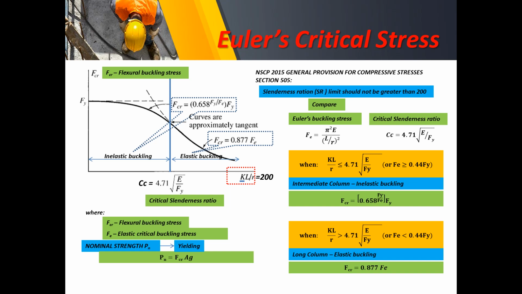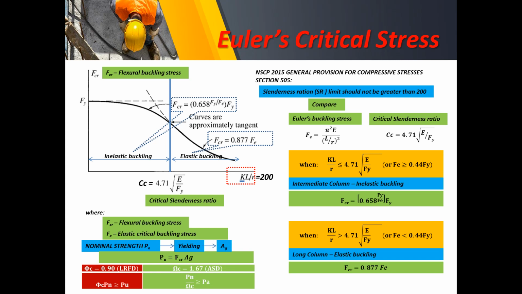On the previous discussion, Pn is equal to Fy Ag. So we just replace that Fy by the flexural buckling stress Fcr. Again, we will be dealing with the gross area because yielding is always paired with gross area, but not the net effective area because again in here we do not have fracture.